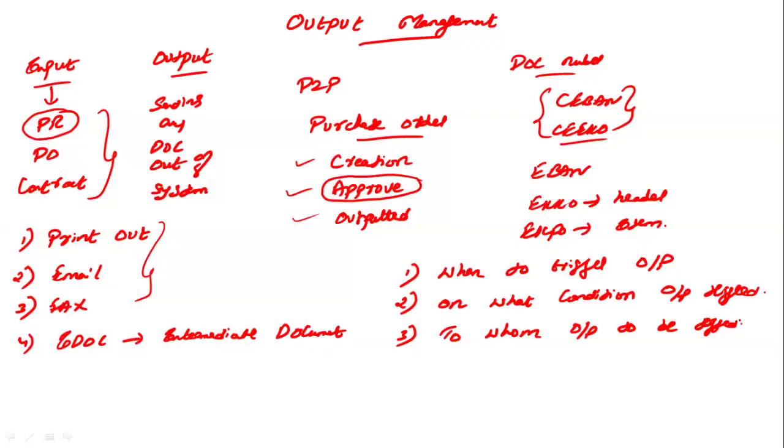So we need to decide to whom we need to send, when we need to send, whether it needs to be sent always or only depending on some conditions. We need to set all of this.